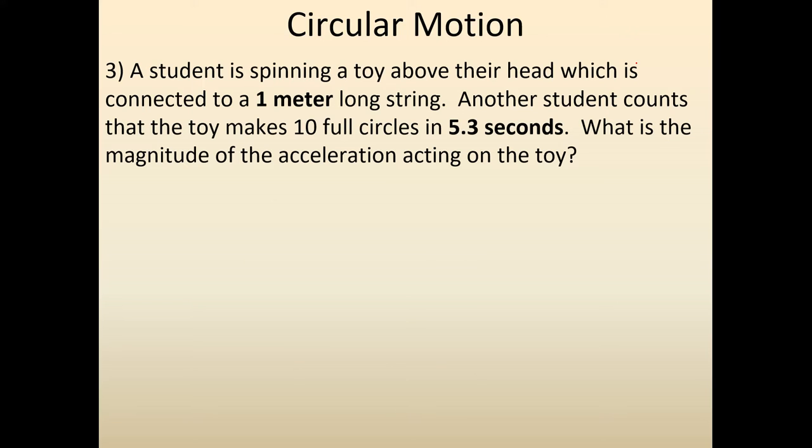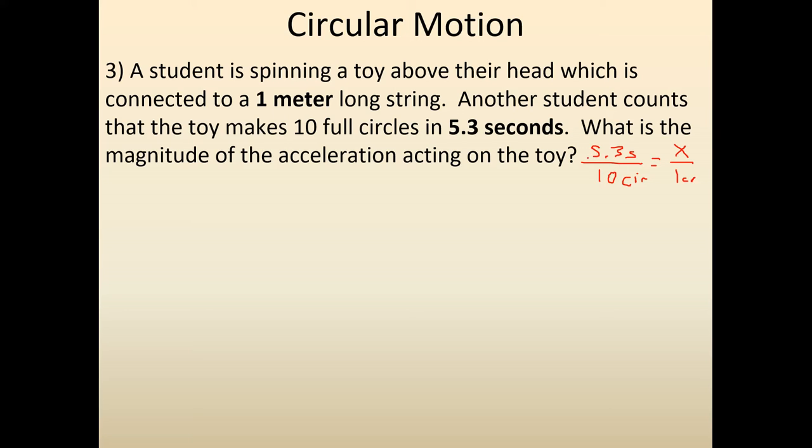So again, we have to do a little bit of extra work in order to find the speed. They're telling us that it makes 10 circles in 5.3 seconds. So again, I could think about that proportion, and by definition, the period is the amount of time it takes per cycle. So if I get 5.3 seconds for 10 circles, I could set that equal to x seconds in 1 circle.